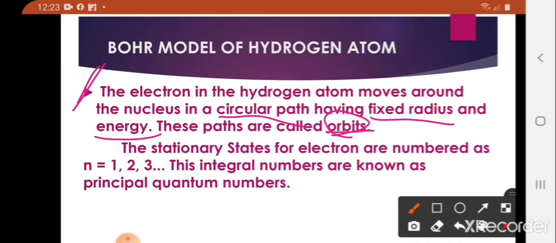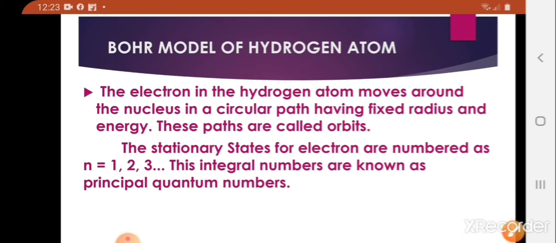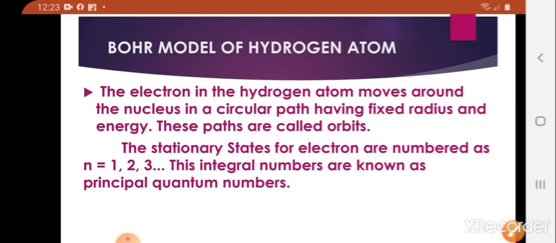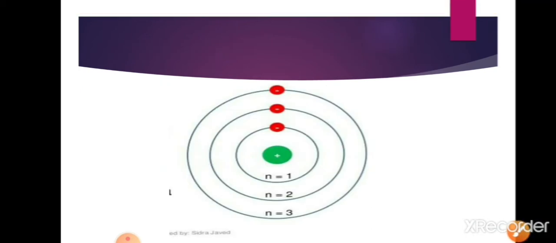Those are arranged concentrically around the nucleus. And these energy states for electrons are numbered as n is equal to 1, 2, 3, etc. This n is called the principal quantum number. Here is the representation.